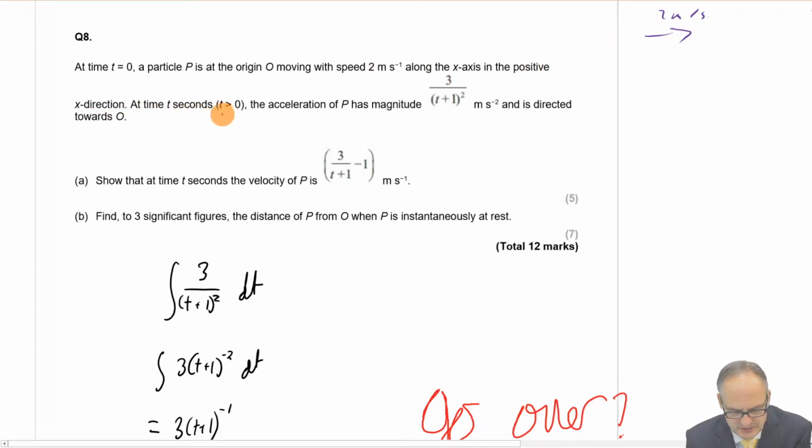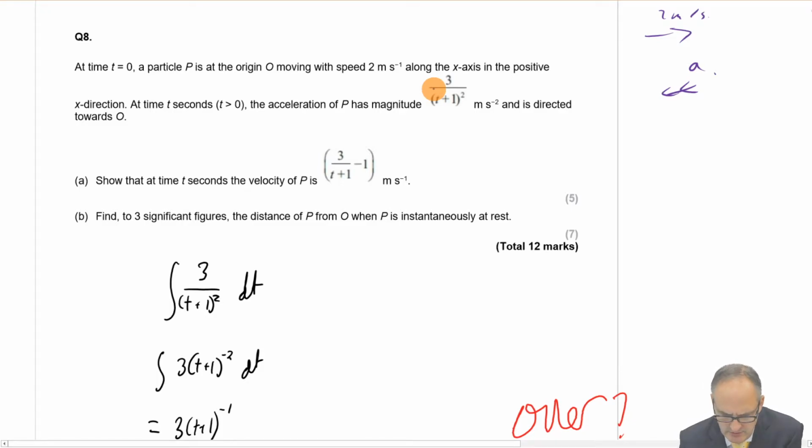At time t seconds, when t is greater than 0, the acceleration has this magnitude and is directed towards O. So what does that tell you? It's directed towards O, and therefore it must be negative.